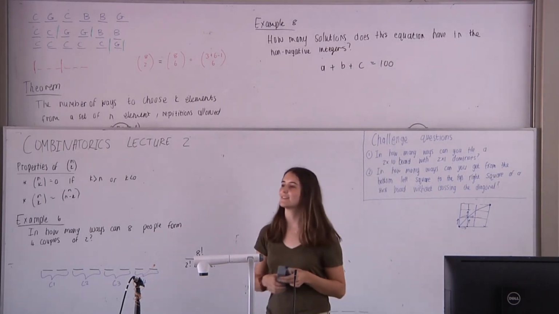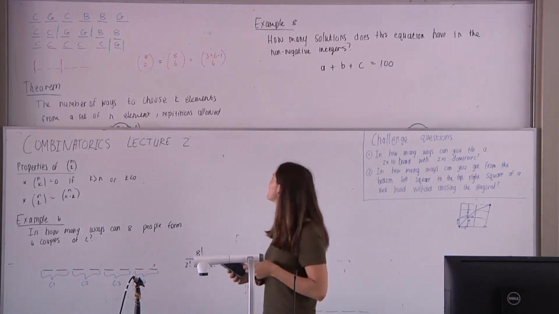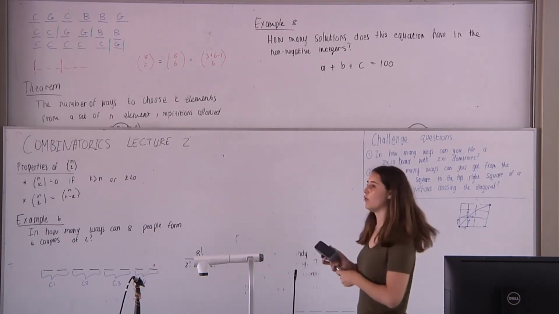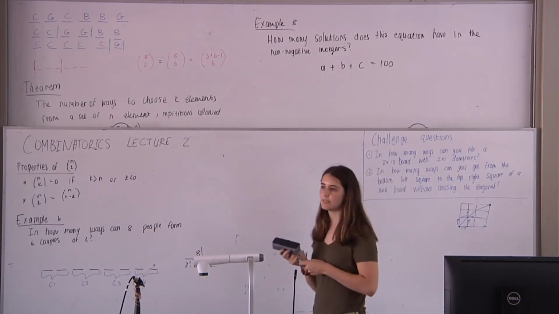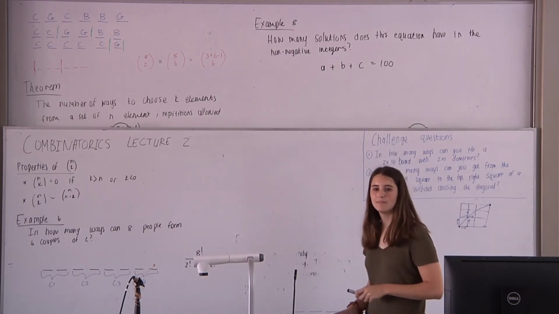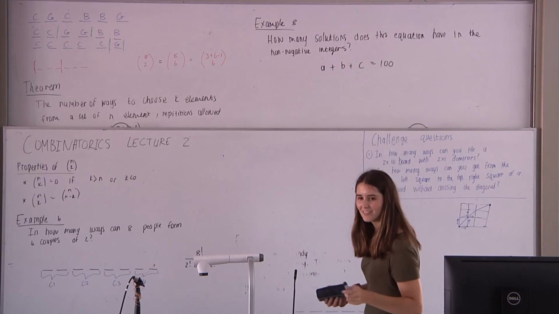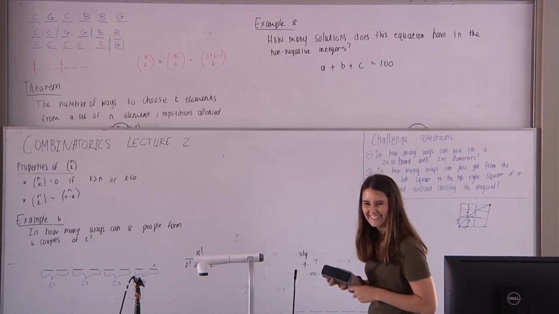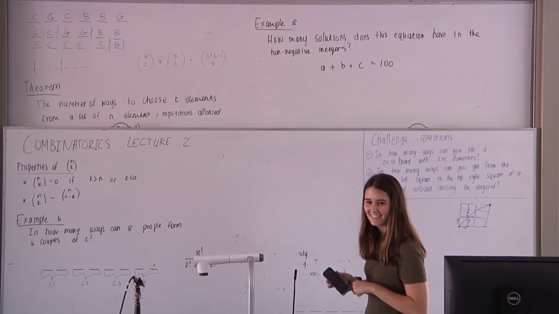Question: does non-negative mean that we can't use negative numbers? Yes, so A, B, and C are all non-negative. It could be 0, but it's not negative. 102 and 3, choose 102? Is that the final answer? No, no. Yeah, 102 and 3.